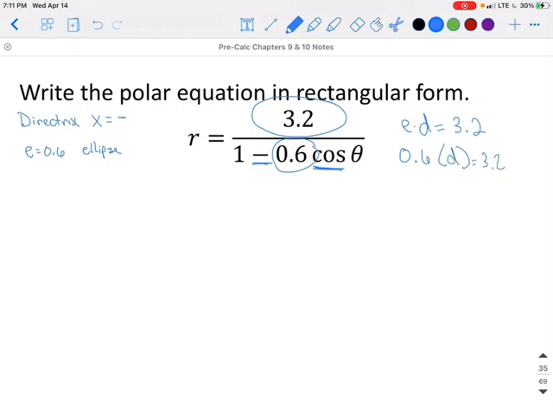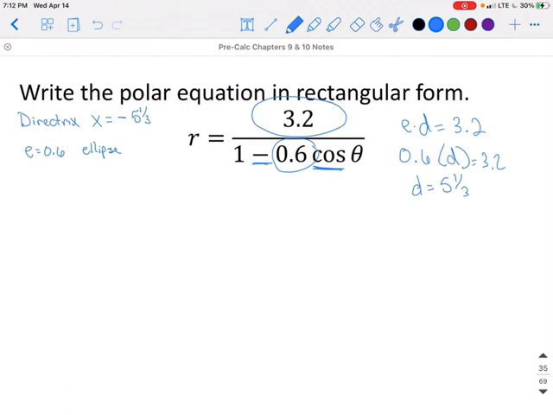So if we solve for the value of D, we're going to divide both sides by that 0.6. We will get that the value for D is equal to 5 1/3. So we do know that the directrix will be x equals negative 5 1/3.